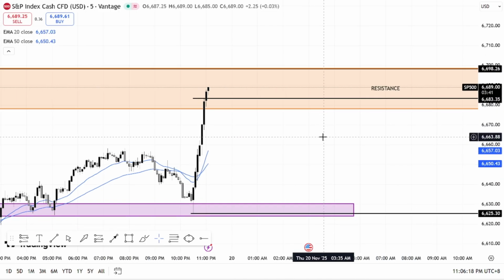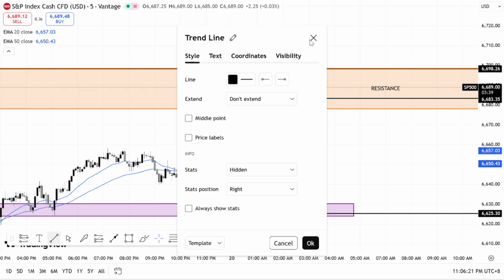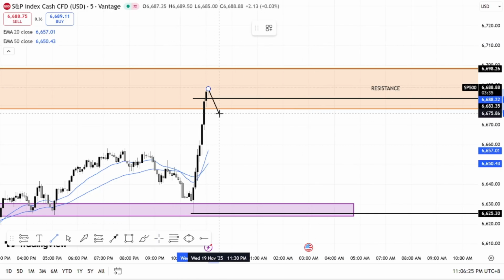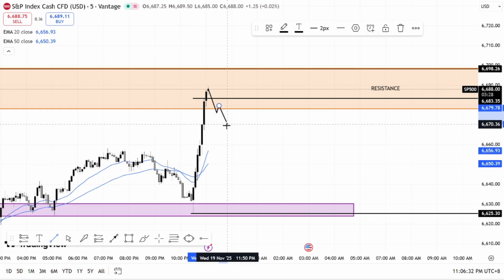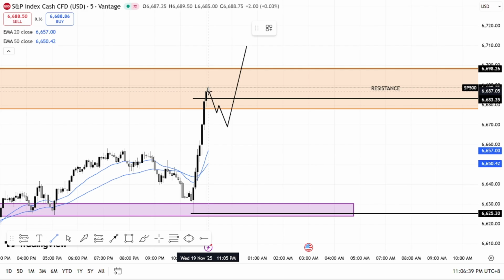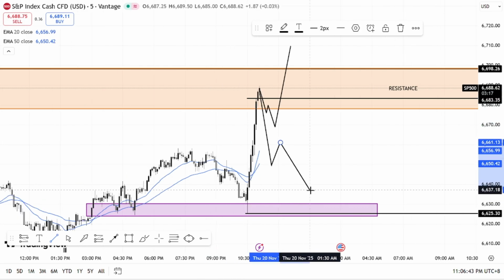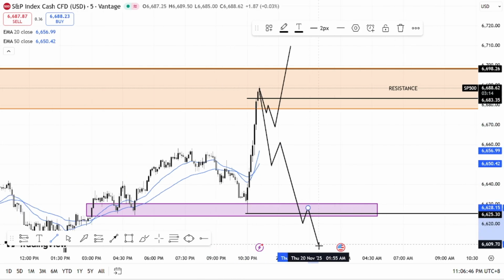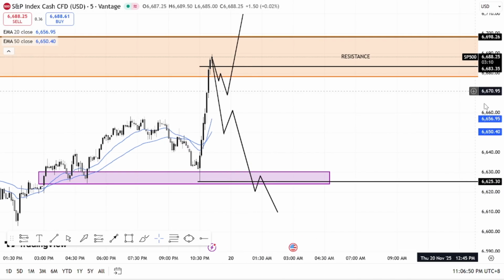What I want price to do right now is, I better not be predicting this, bro. Okay, I'm guessing it's gonna go a little bit low and then go back up again, or it's just gonna go down, retest this level, and then just continue down. It's either these two things that's gonna happen.